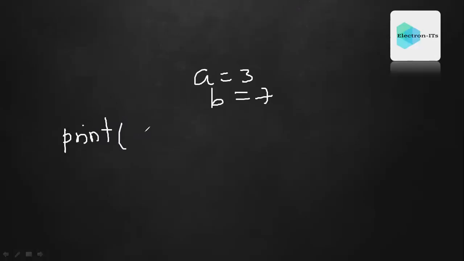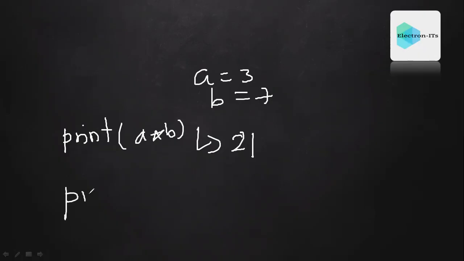For example, I have used two variables, a is equal to 3 and b is equal to 7. So we can print a into b, and it will generate the result as 21.